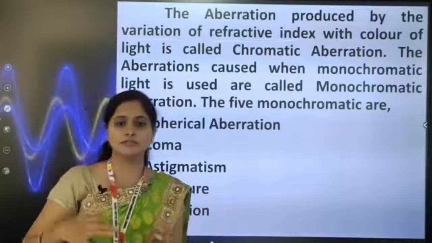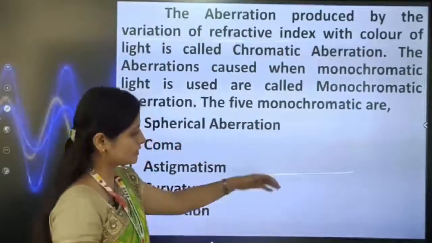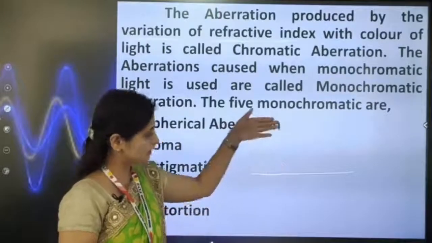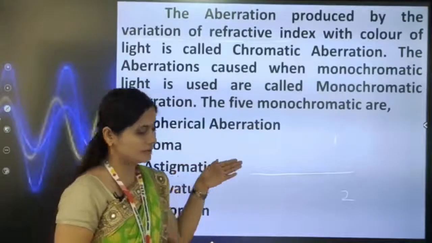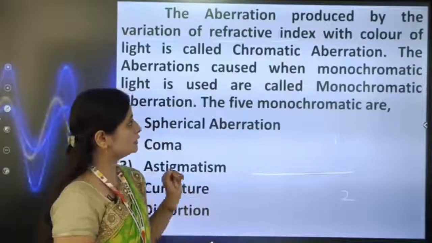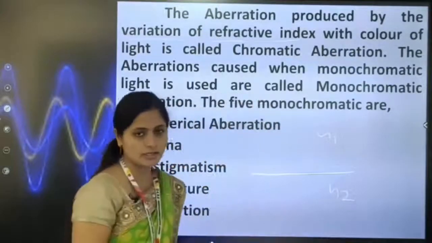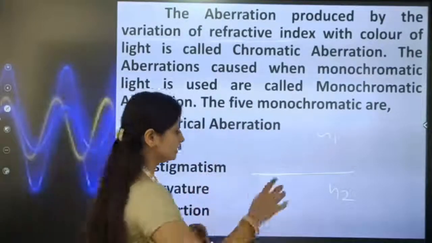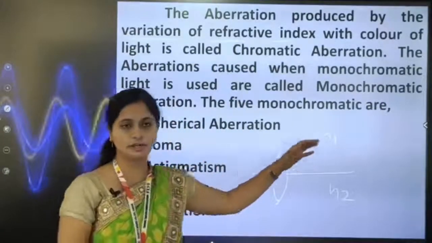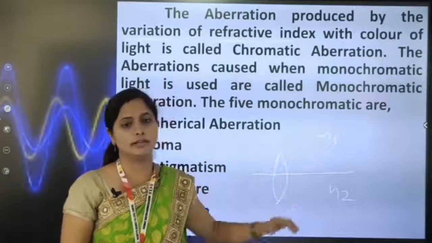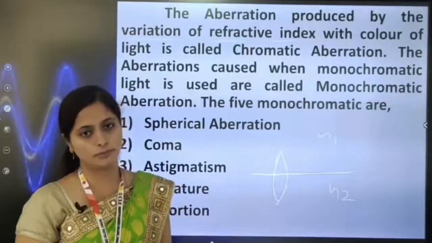Already we know that two surfaces or two media are there: the first medium and the second medium, with the surface of the second medium, having refractive index N1 as well as refractive index N2. Imagine we are keeping one lens. Some variation is produced in the refractive index, so that time the aberration, or the defect, will be produced.